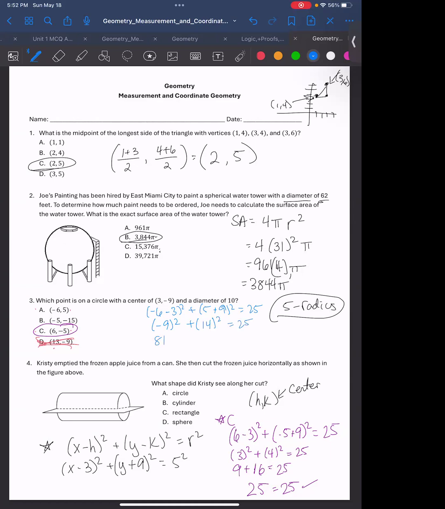I can actually stop right here because I know 81 plus something else is never going to equal 25. It doesn't equal 25. I don't even know what 14 squared is, but it's irrelevant. Therefore, it's not on my circle. So the one that would work is C. Okay, we're good with that one?